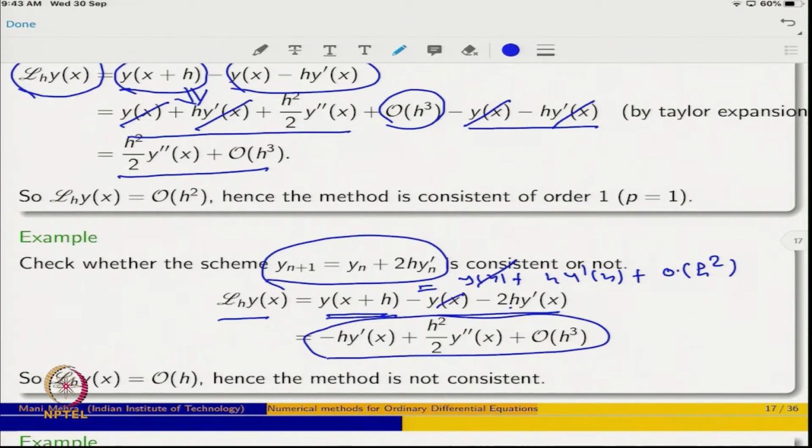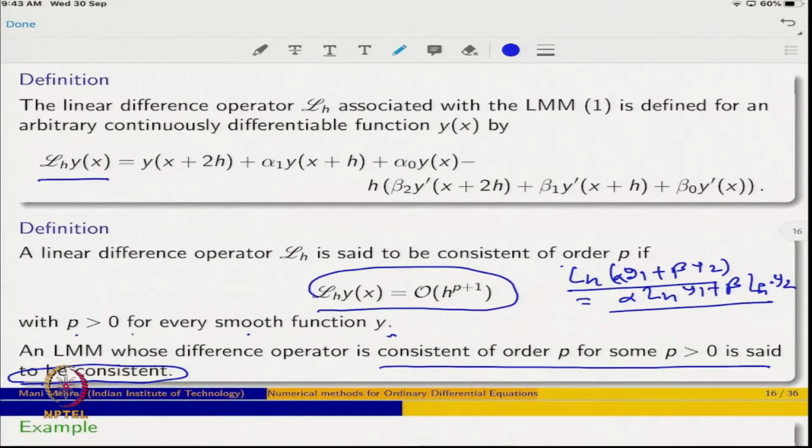So, minus h y dash x will come here, h square and order of h cube. So, L_h y(x) is order of h. So, hence the method is not consistent, because p is not greater than 0, because we have said in the definition that p should be greater than 0.